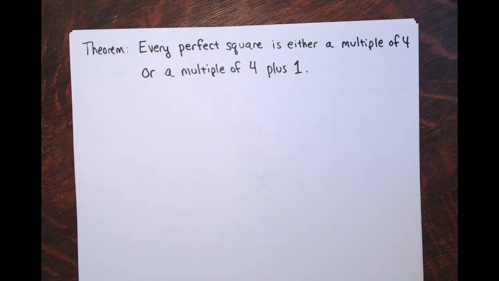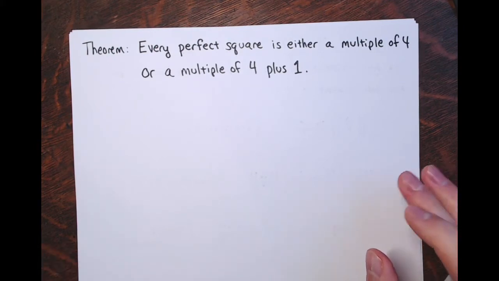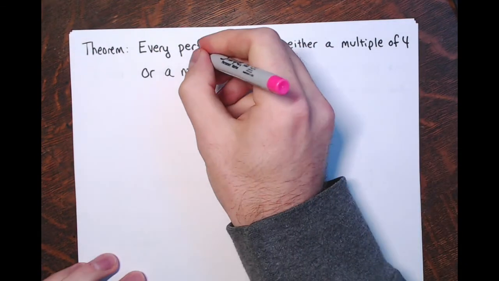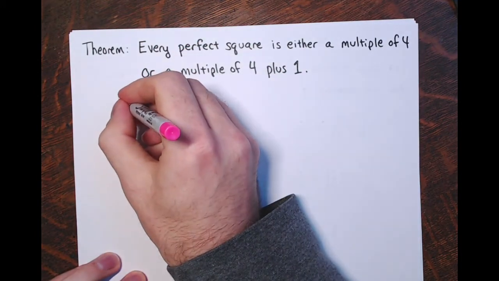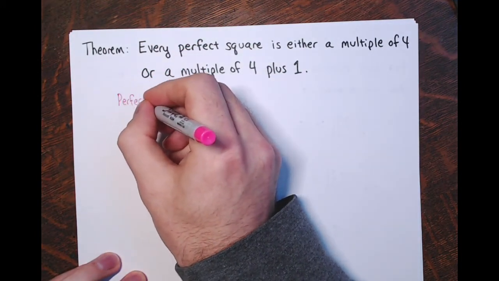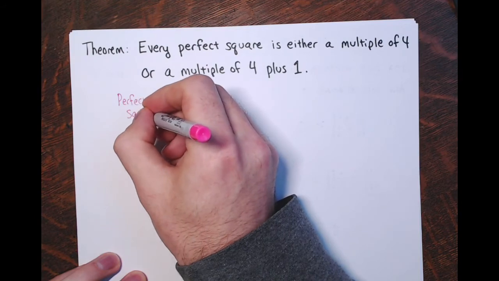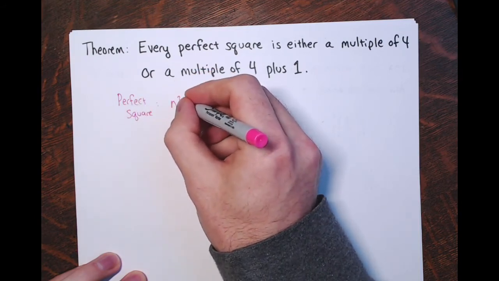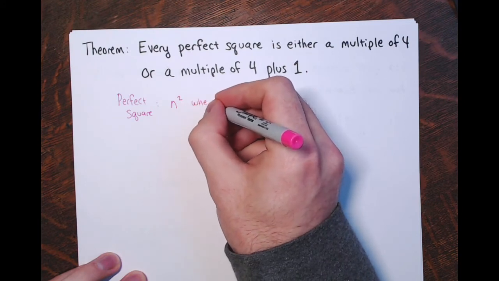It's every perfect square is either a multiple of 4 or a multiple of 4 plus 1. And I'll refresh your memory as to what a perfect square is. A perfect square is of the form, say n squared, where n is an integer.